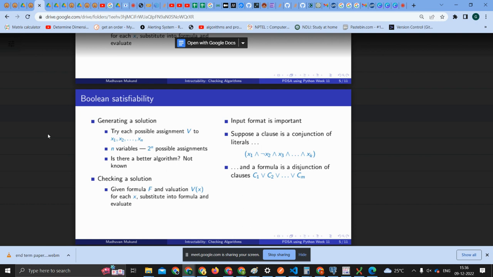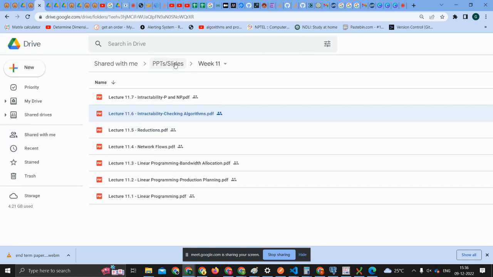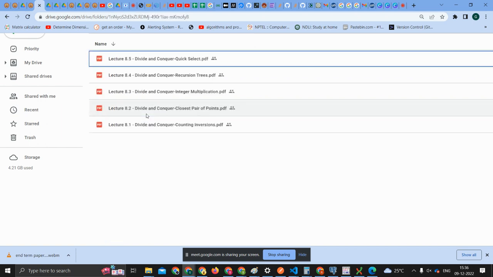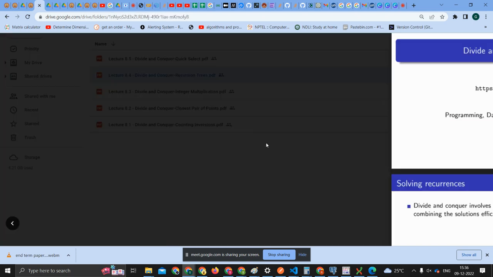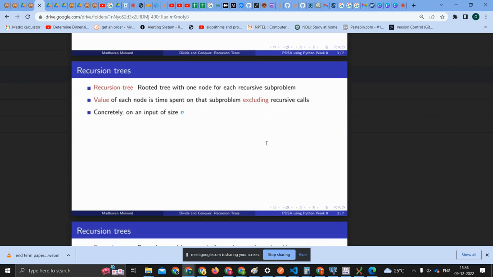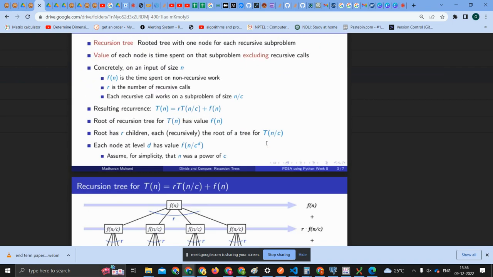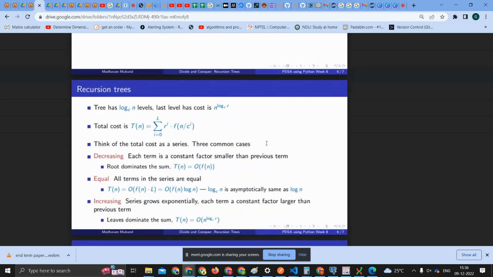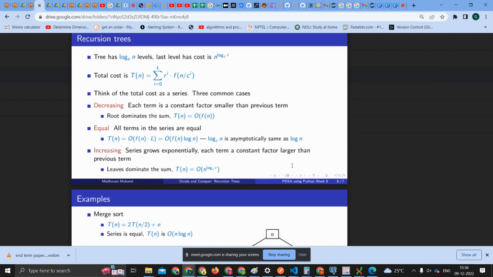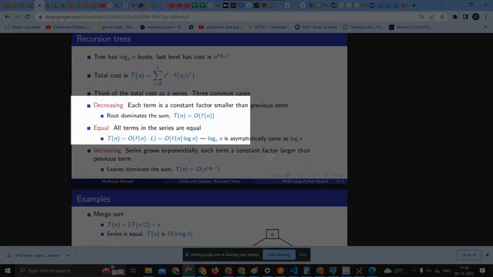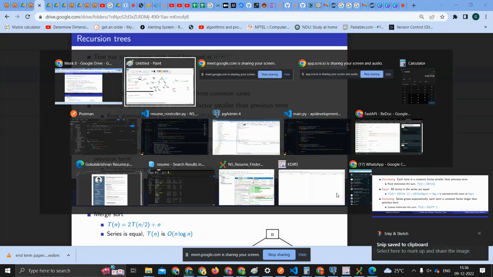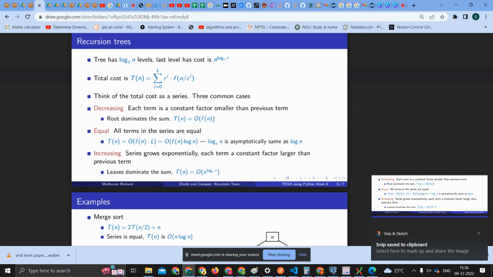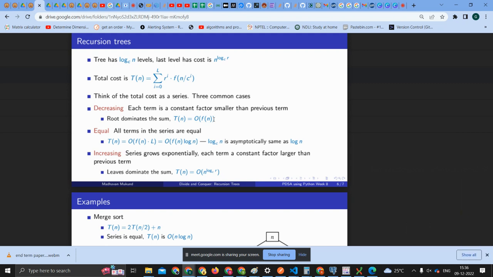Yesterday, when we did such questions, there were three different formulas, right? One is when we have the same sum for each level, then it's n log n. When it is an increasing one, then as you said, it's n raised to the power log base 2. But for the decreasing one, they said big O of f of n, which I am still not clear about.